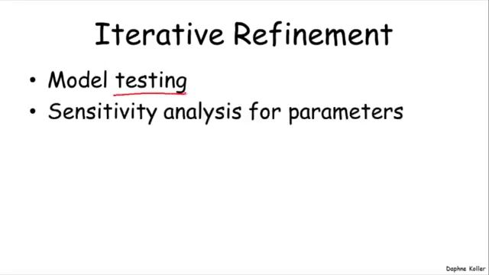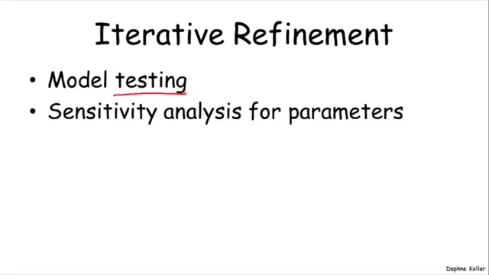Finally, it's important to realize that a model is rarely done the first time you write it. And just like any code design, model design is an iterative process where one starts out somewhere, tests it, and then improves it over time. So importantly, once one constructs a model, the first thing to do is to test the model, ask it queries, and see whether the answers that come out are reasonable.